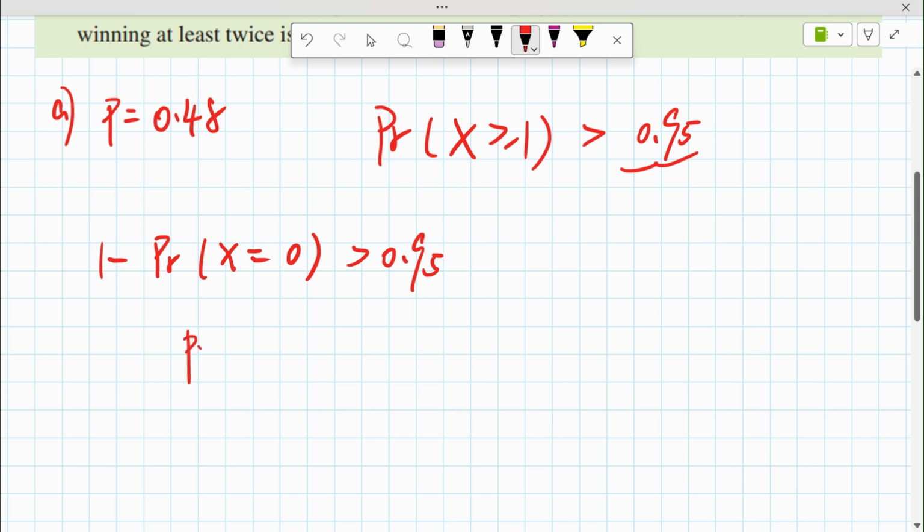Another way to say it is the probability of x equal to 0 is less than 0.05.